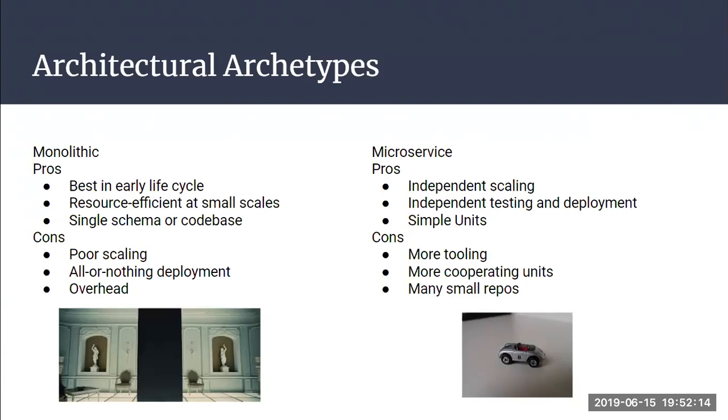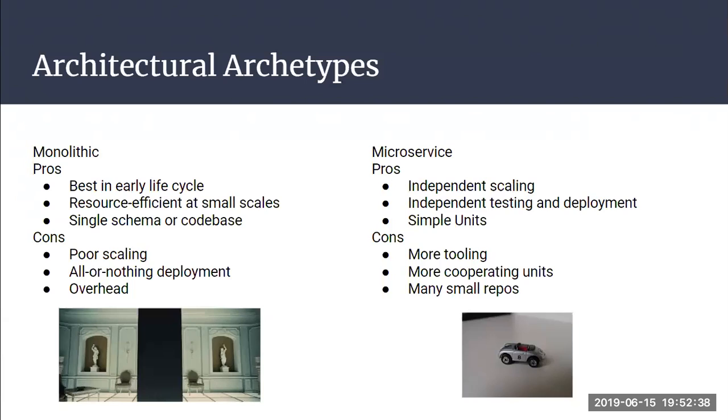Monolithic version 1 has all functionality in one application and is resource efficient at low scales, but is lacking as scaling increases. Monolithic version 2 has a set of monolithic tiers. It also has a single schema. Deploy and join queries are easy, but some of the downfalls are that coupling usually increases over time and it is an all or nothing scheme.